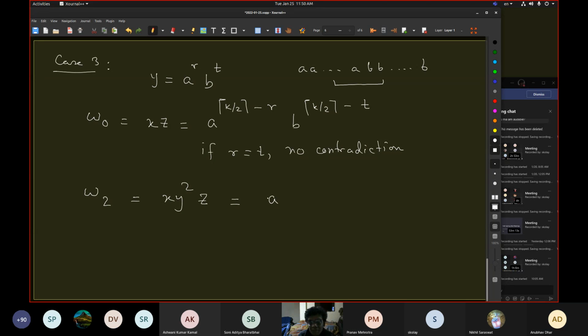After B power T, there will be A power R, B power T. So it's something like this: A power k by 2 minus R, then you are having A power R, B power T, another occurrence of A power R, B power T, followed by B power k by 2 minus T. So can you see a contradiction now?